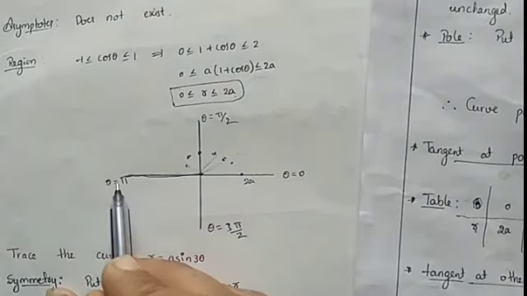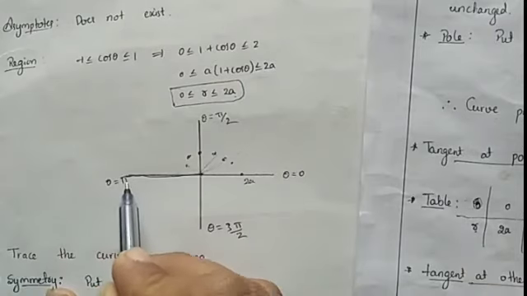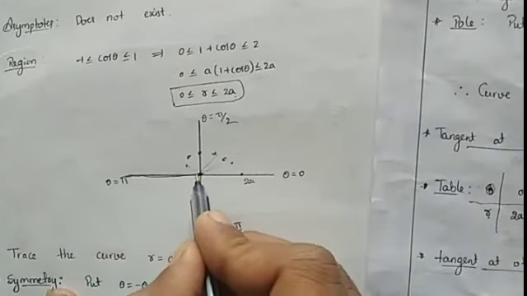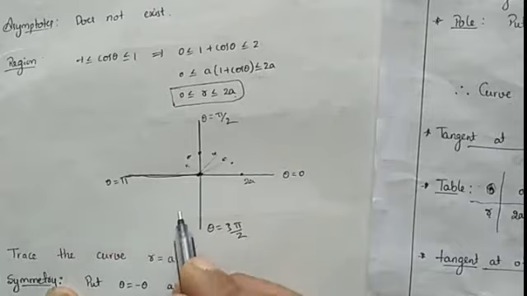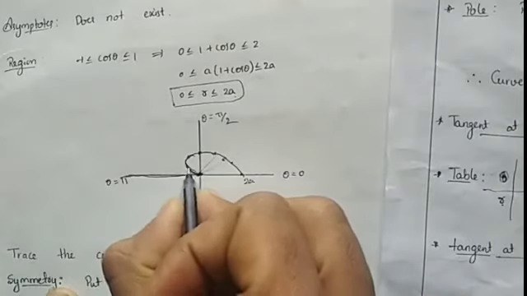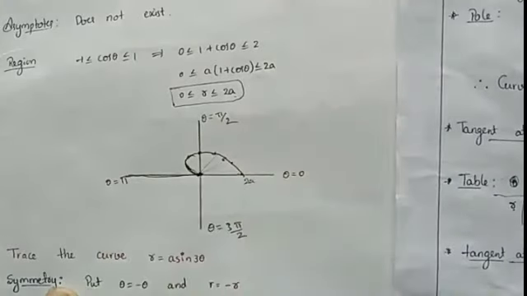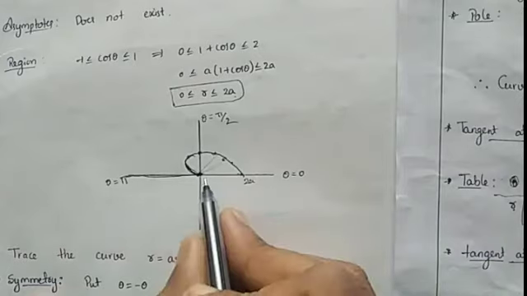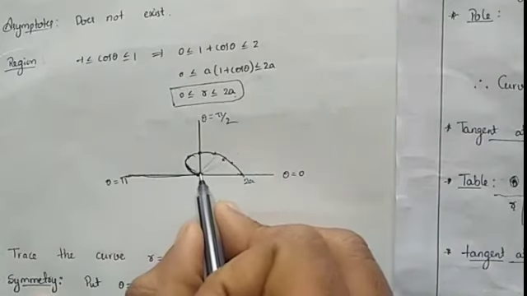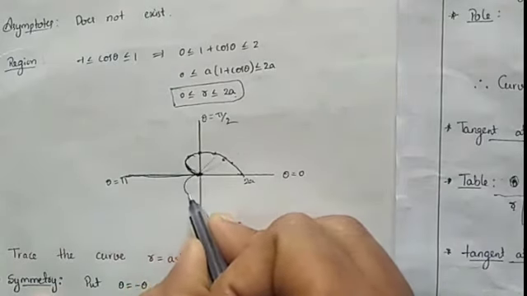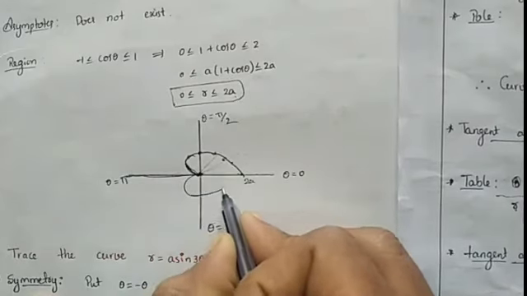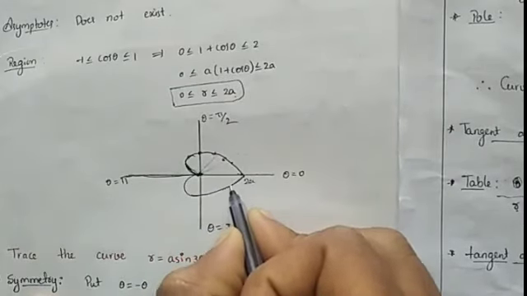The next, for the theta value 180 degree, we get the value of r is 0. So you draw a curve like this. Okay. The curve is symmetric about the x-axis. You draw a curve like this also.